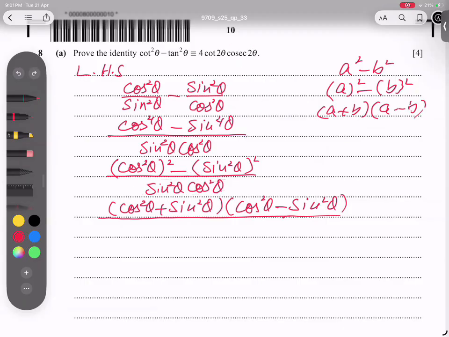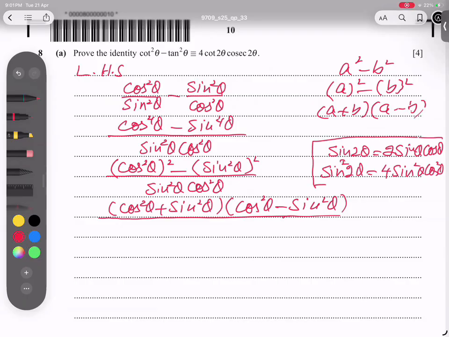Basically 1 by sine. And we need one more thing, the sine double theta formula. If you remember, 2 sine theta cos theta. So if I take the square of both sides, it becomes sine squared double theta, basically 4 sine squared theta and cos squared theta.